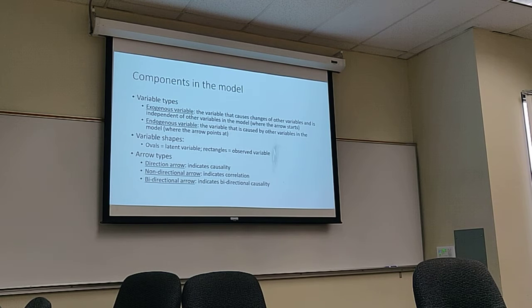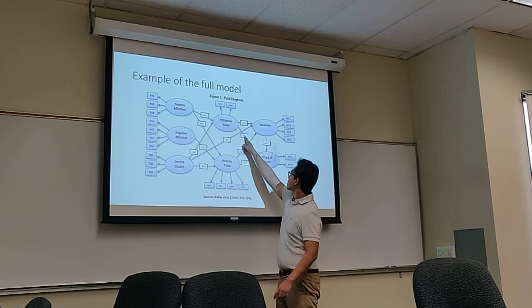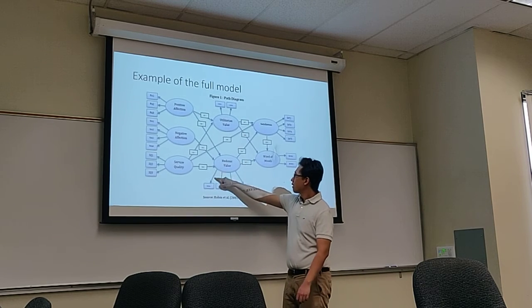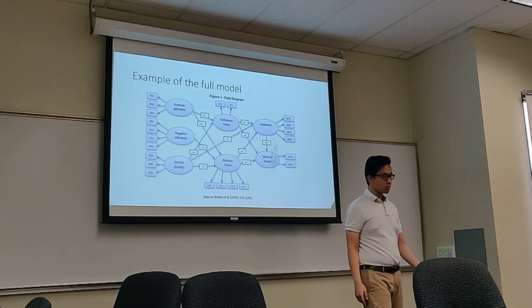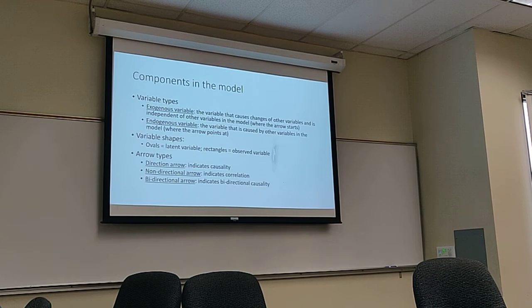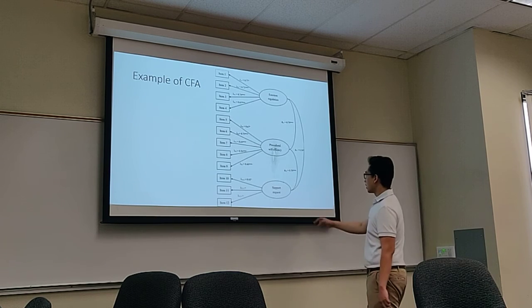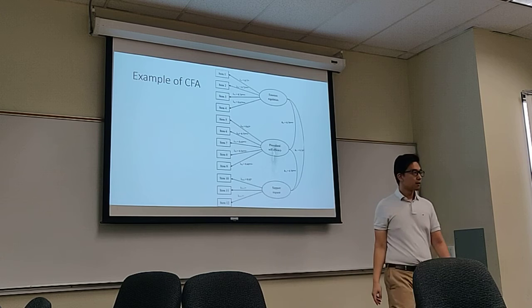So there are different arrows. The directional arrow, like this, specifies the causal relationship. There are also non-directional arrows, like here. These are correlations.